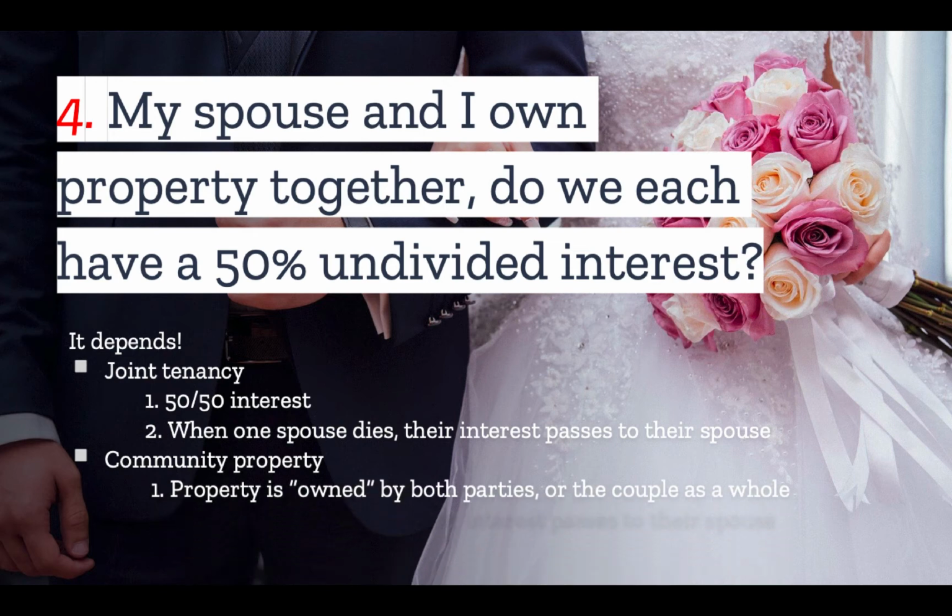Now, in these states, property that is acquired during marriage is owned by both parties or the couple as a whole. Laws vary from state to state, but generally, both spouses would have to agree to the sale of the property as a whole. And similar to joint tenancy, when one spouse dies, their interest generally passes to their spouse.